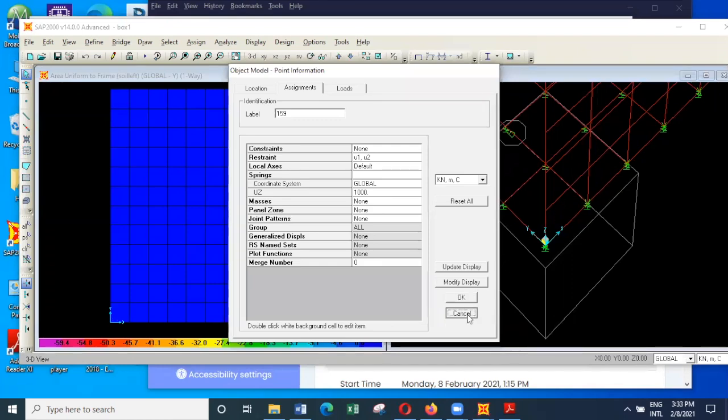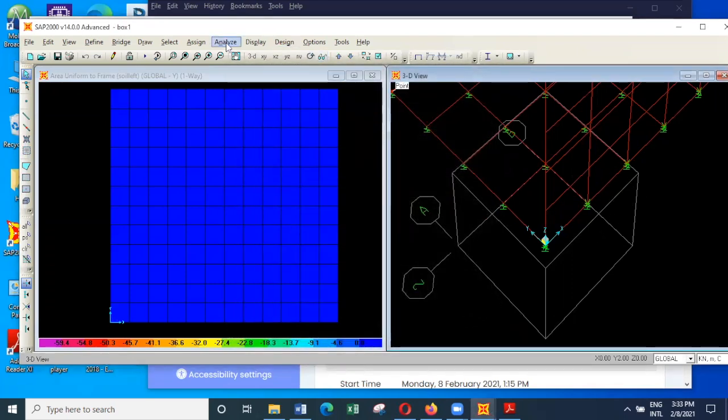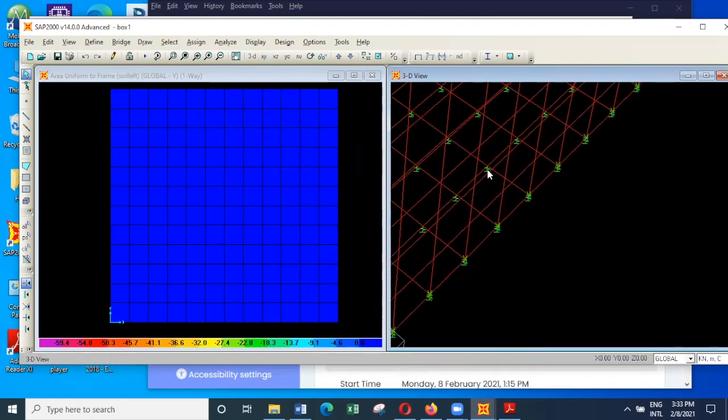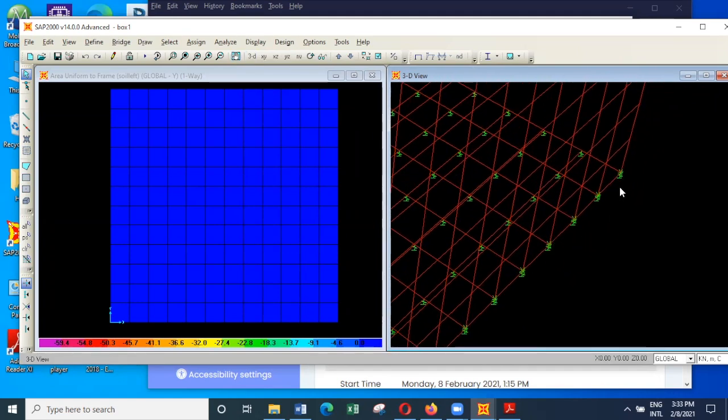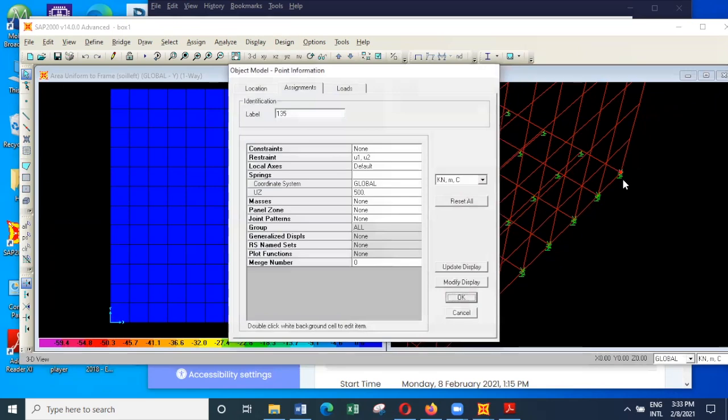Yes, I have applied the same thing here, but it's not necessary. If you want, you can apply at a few locations, but at other places I have not done anything. The reason for having a movement restriction here is, if you do not restrain the movement horizontally, then the structure will not be stable.